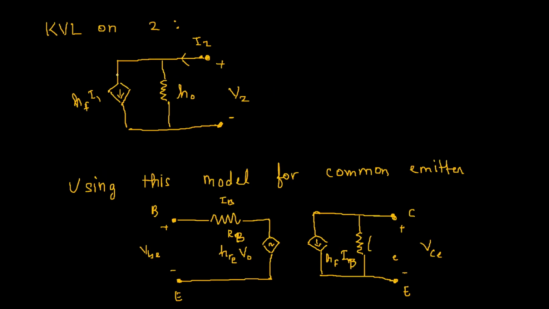The current I2 is obviously a sum of the currents flowing in both the branches, right? HO, like we know, is admittance. So HO into V2 will give us a current, because this is current divided by voltage and we are multiplying it with a voltage. It's not the entire current I2, because the entire current I2 will be a sum of both of these.